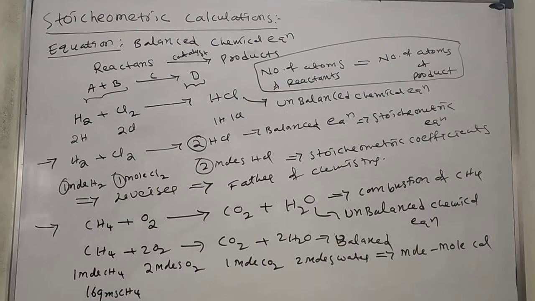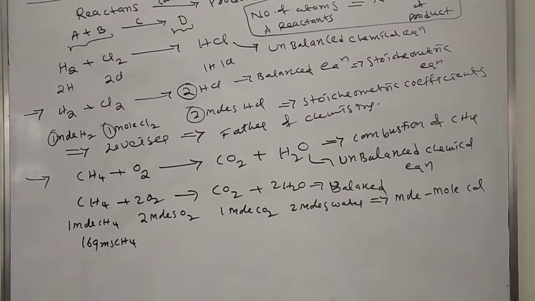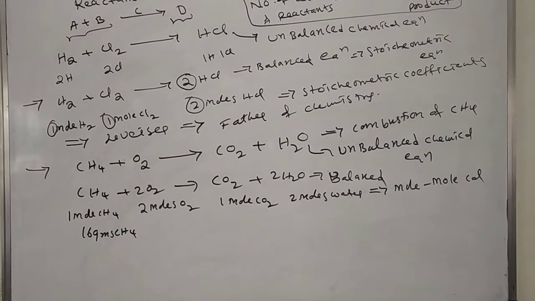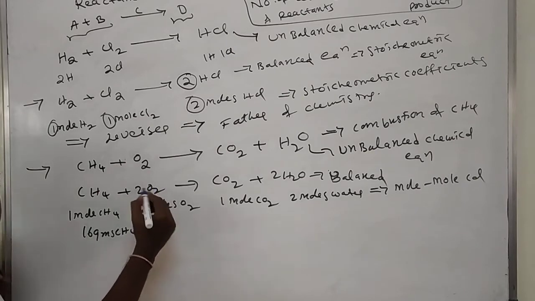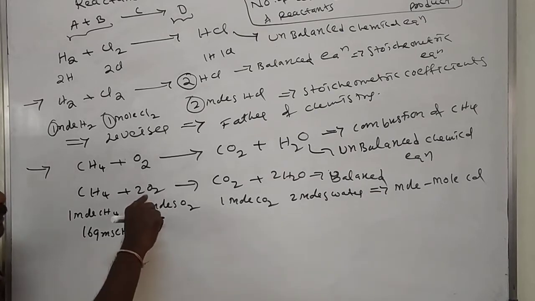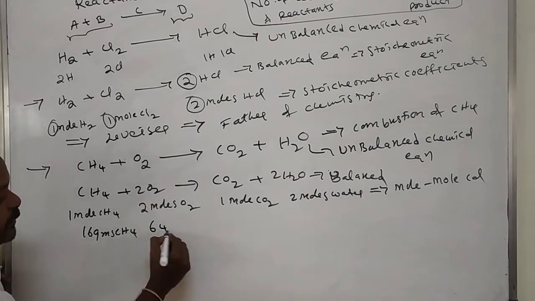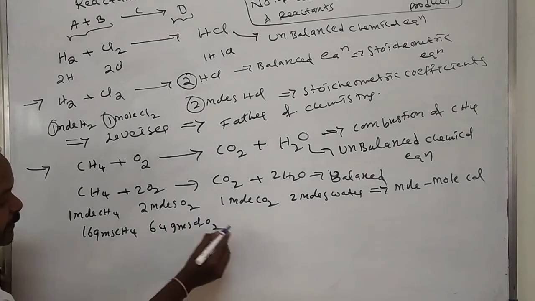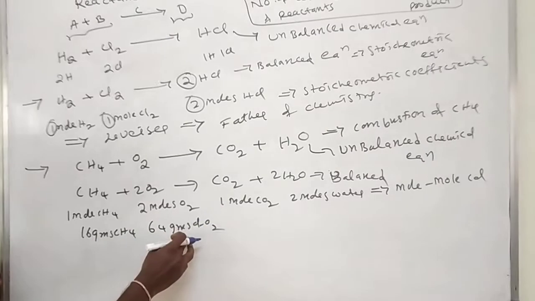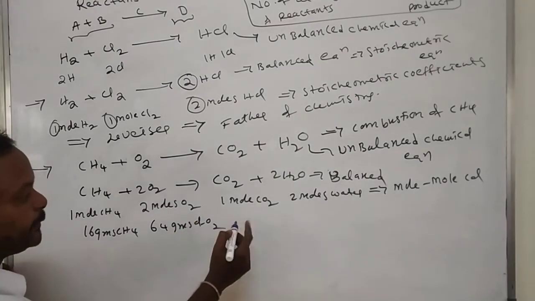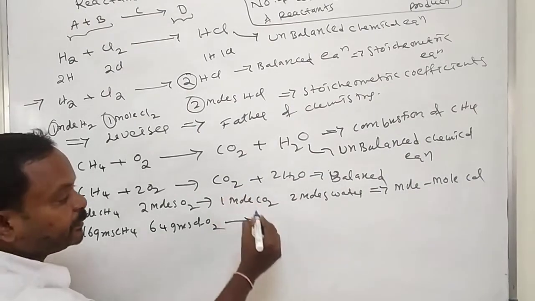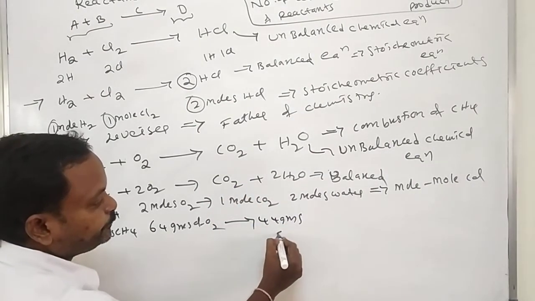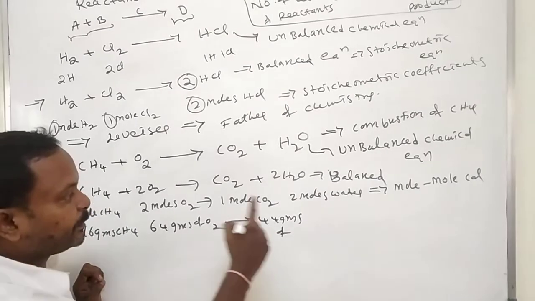Then 16 grams of methane reacts with oxygen, mass 32. One oxygen molecule is 16 plus 16, 32. 32 into 2 is 64, so 64 grams of oxygen. 16 grams of methane reacts with 64 grams of oxygen and forms carbon 12, oxygen 32, 12 plus 32 is 44 grams of carbon dioxide.